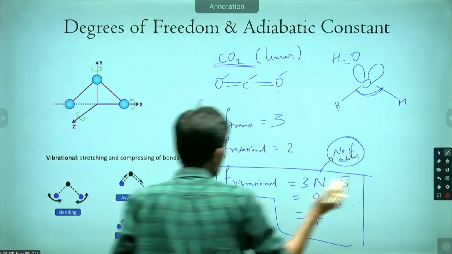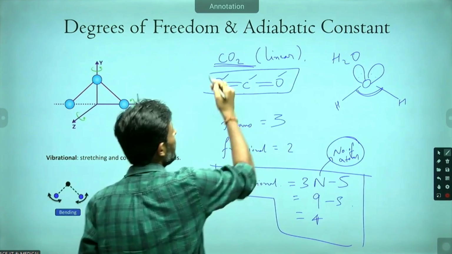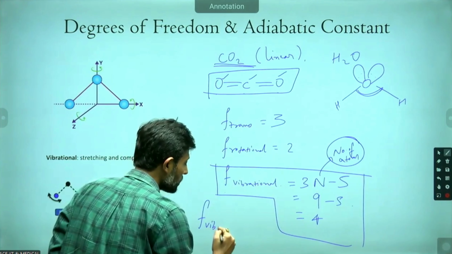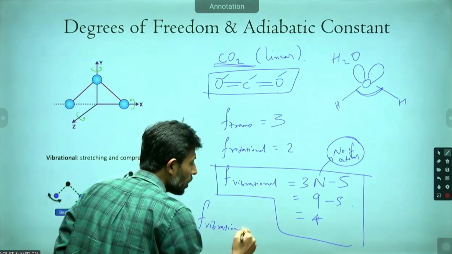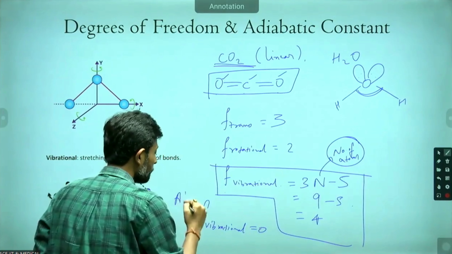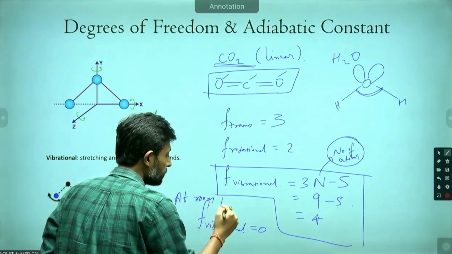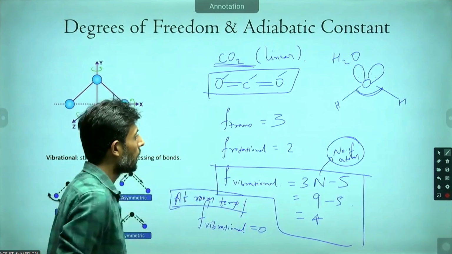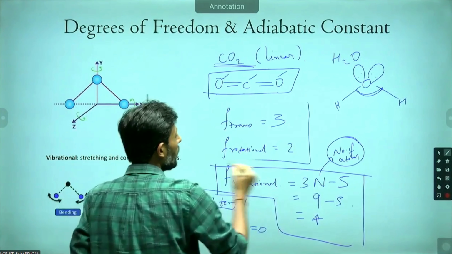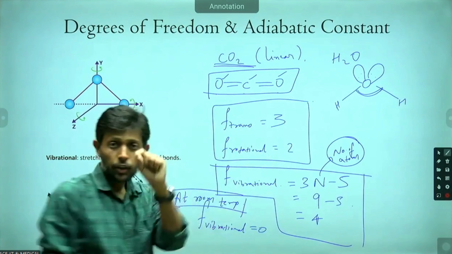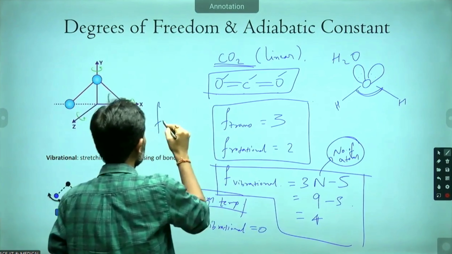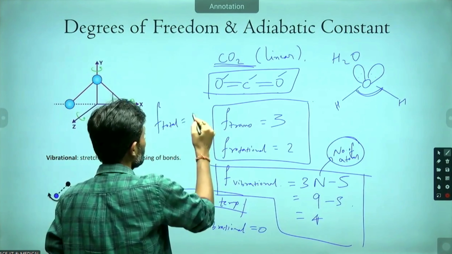At room temperature, however, for a linear triatomic molecule also, f vibrational at room temperature would be 0. So overall, the total number of degrees of freedom at room temperature for a linear triatomic molecule is going to be 5.